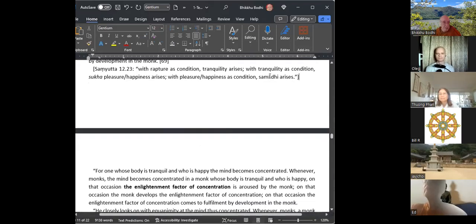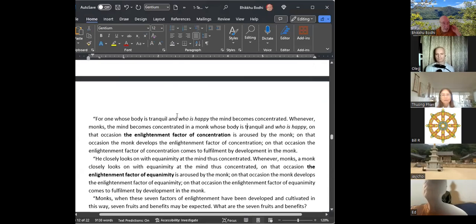But samadhi doesn't come through making yourself miserable and inflicting a lot of suffering on yourself. It comes when there is spiritual pleasure or happiness. Even though happiness is not mentioned as a separate enlightenment factor, in the next paragraph of the text it says, one whose body is tranquil and who is experiencing pleasure.